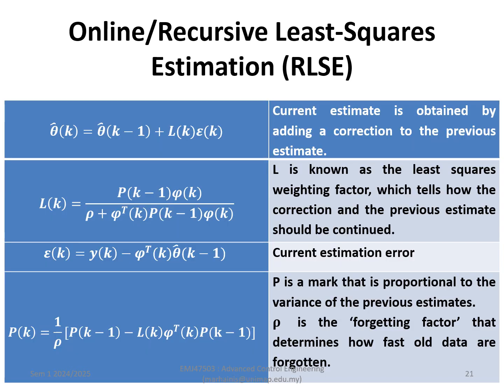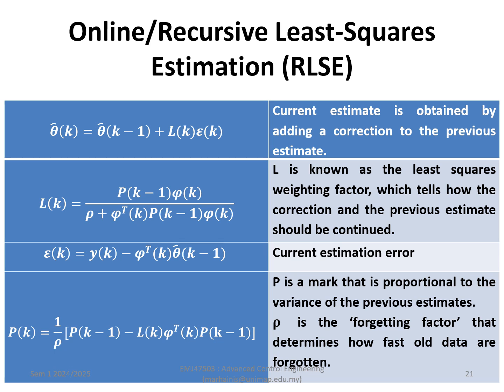The regression equation from the previous slide is then used in the recursive least square algorithm, whose summary is given in these tables. We have theta k, the current estimate, obtained by adding a correction to the previous estimate. And then L(k), known as the least square weighting factor, which tells how the correction and the previous estimate should be combined.